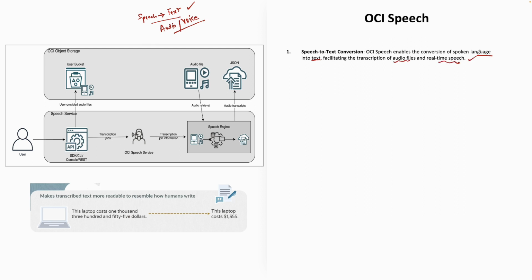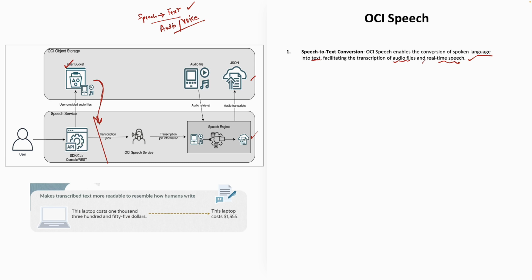One is that you can have your audio files stored in, say, OCI Object Storage or your bucket, and you give that as an input to the OCI Speech service, and from that point onwards it goes and creates a text file, or you can say a JSON file for you. The other way is real time. Real time means that as I'm speaking, it is able to generate text out of it. So this is the real time side of things.